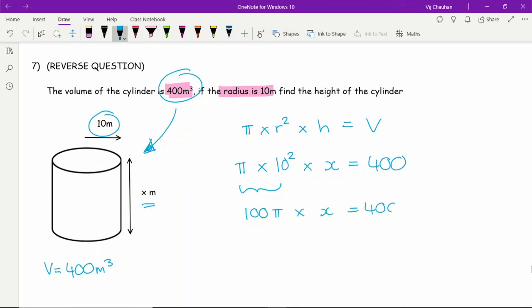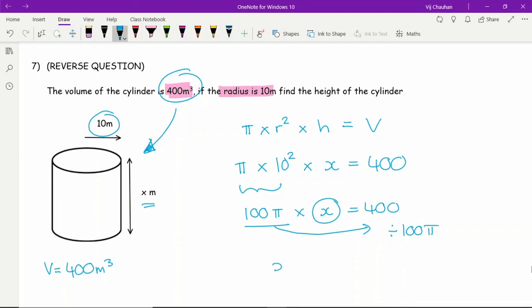equals 400. Now I want to work out what x is, so I want to get rid of this 100 pi. You ask yourself, what is 100 pi doing to the x? Well, it's multiplying, so to get rid of it, I need to divide by 100 pi.